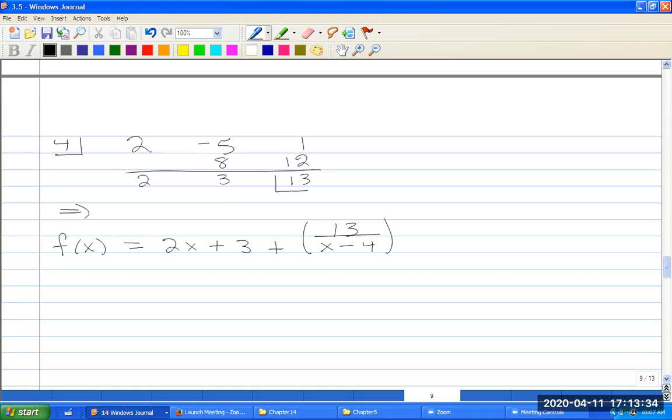But now notice when we're looking at horizontal asymptotes, oblique asymptotes, slant asymptotes, we're looking at what happens as x goes to infinity. Well, what we notice is that as x goes to infinity, this term goes to 0. And so this other part doesn't go to 0, and we call that the slant asymptote.